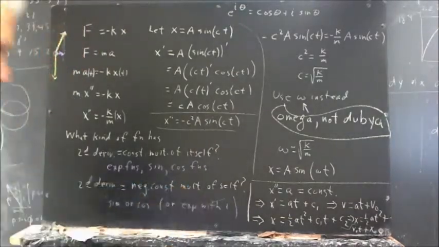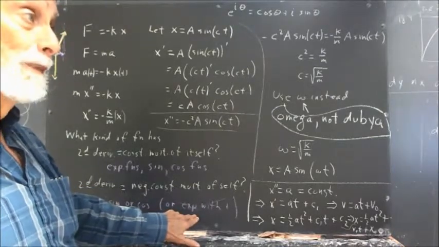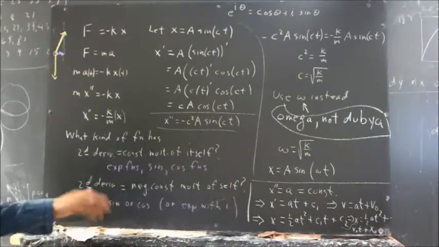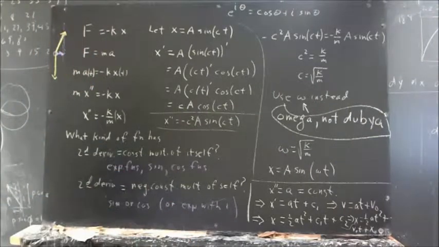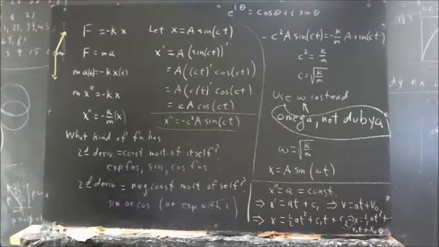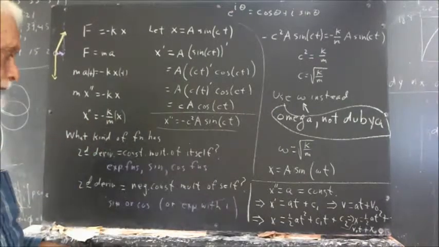But we kind of cross that out. Later on, you're going to want to use this form of the solution. For right now, let's just stick with what we know about first-year calculus, which is that the sine or cosine function can give you a negative multiple of itself when you take its second derivative.